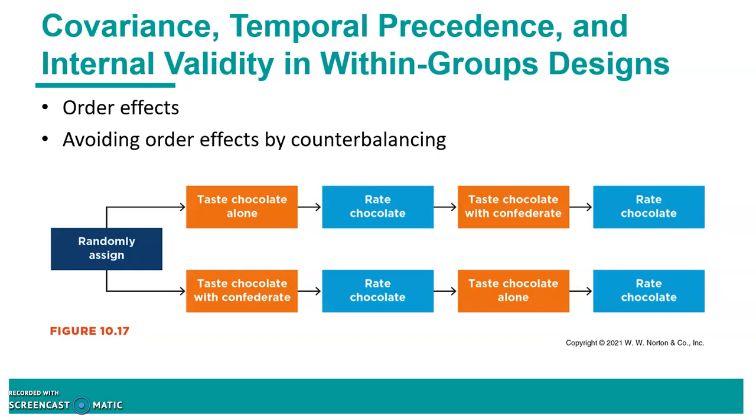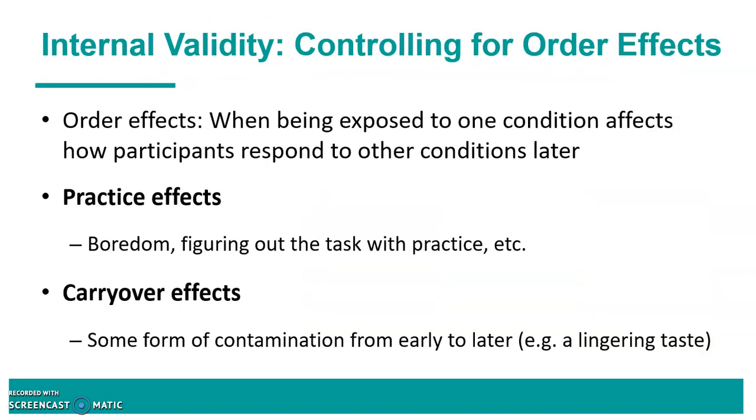And so you can avoid those order effects by counterbalancing. In this case, the participants are randomly assigned an order. Some of the participants tasted chocolate alone first and then tasted chocolate with another person second. Others, it was the opposite. So order effects, that's when being exposed to one condition affects how participants respond later.